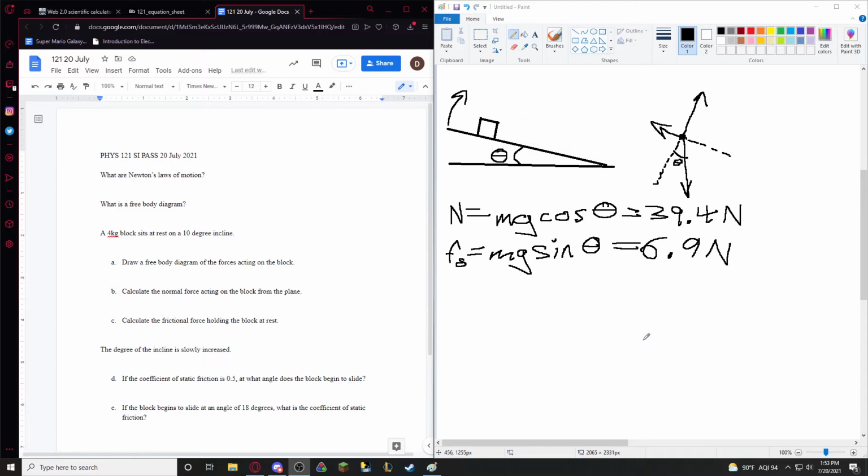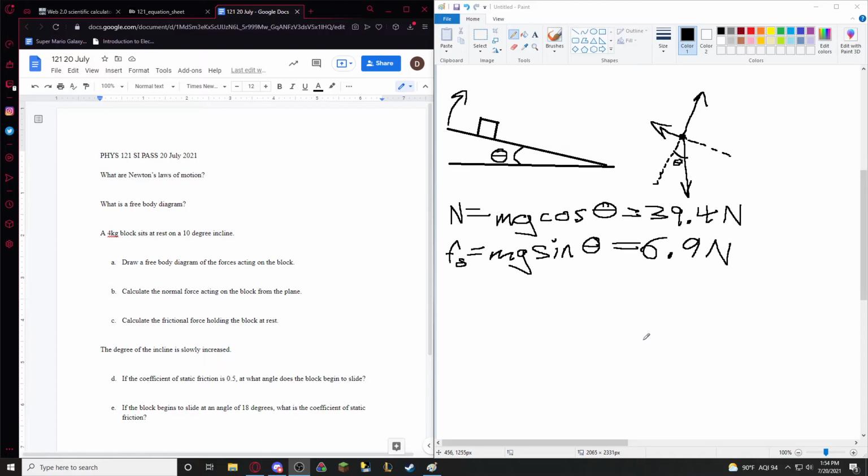I used the two values we got from the last problem. The static friction force equals the friction coefficient times the normal force. I plugged in the friction coefficient and normal force, except I didn't plug in the angle.